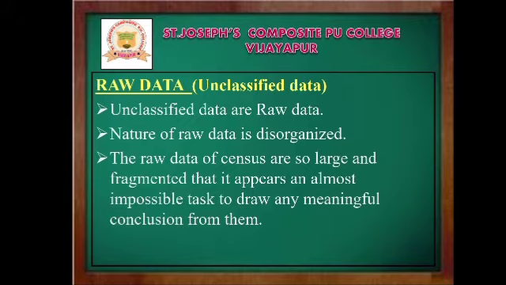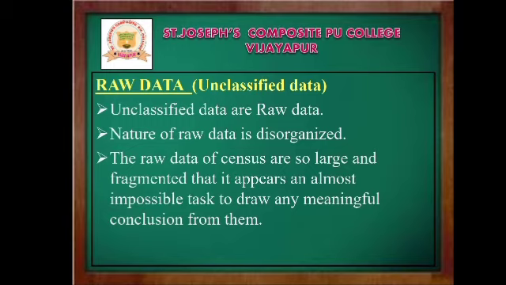Like that, we can make so many separate groups. But if it is raw data, as in the case of a census, the raw data are so large and fragmented that it appears an almost impossible task to draw any meaningful conclusion from them.